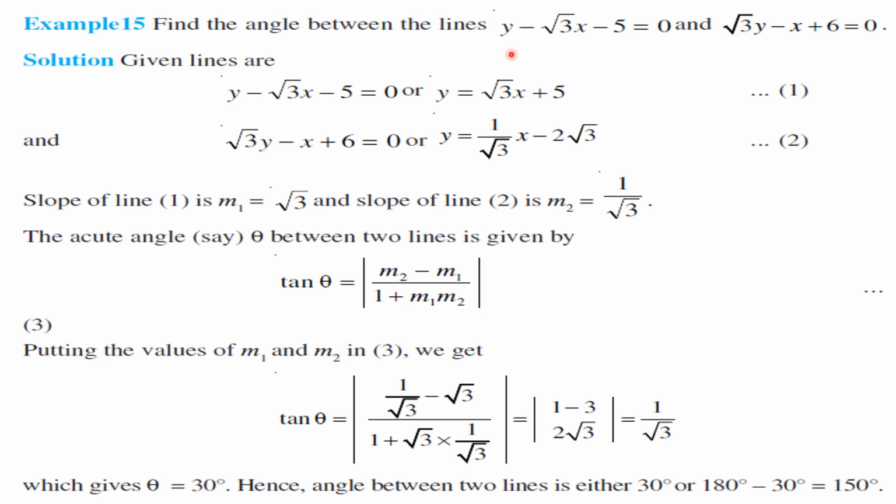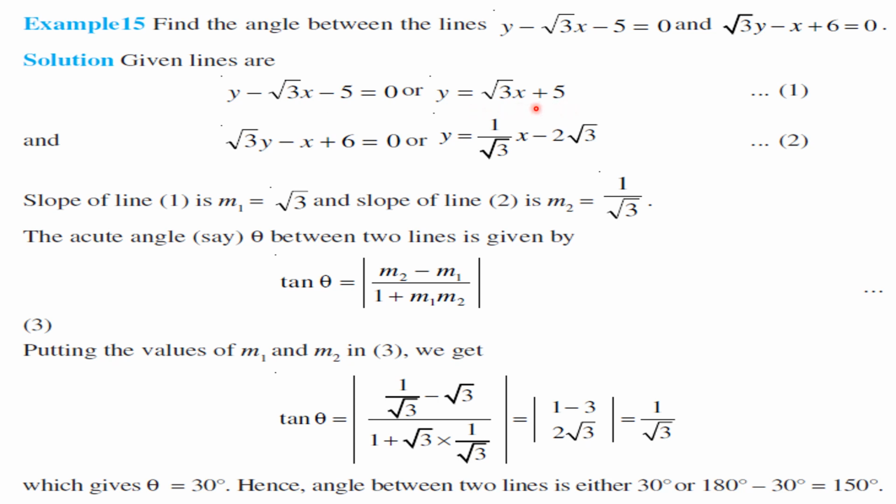So first of all, we have to convert this general equation of the line into the slope intercept form. Yes, my children? So let us take the given two lines. y minus root 3x minus 5 is equal to 0. From this equation, we get y is equal to root 3x plus 5. We transformed this equation into slope intercept form, that is y is equal to mx plus c.